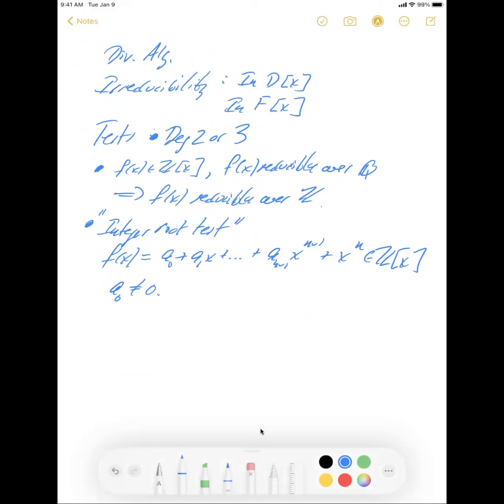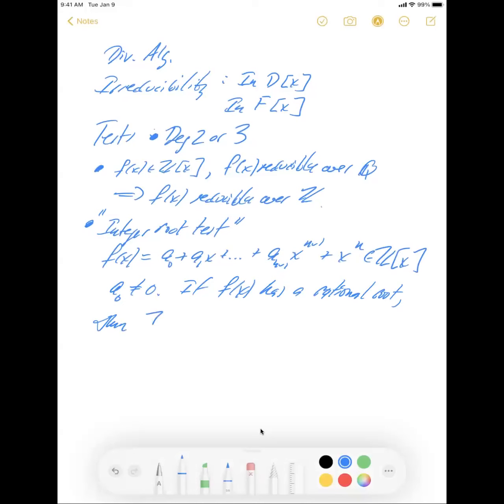So if f of x has a rational root, then it actually has an integer root.